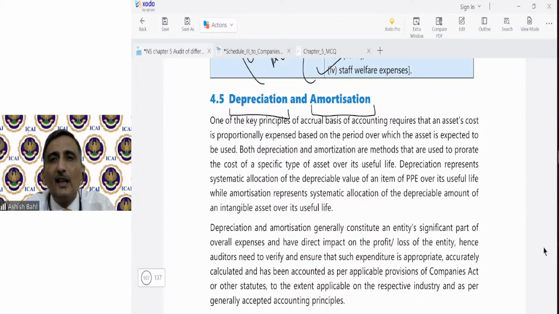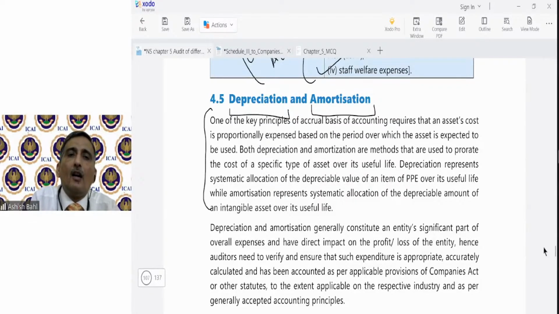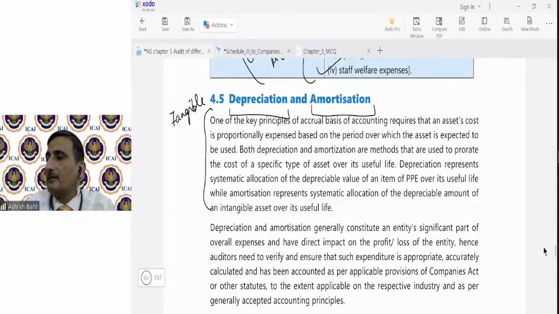Although both the terms are used for a similar nature of things, what is the difference between depreciation and amortization? Yes, Suman Goel, you are right. Depreciation is used for tangible assets, for PPE items.